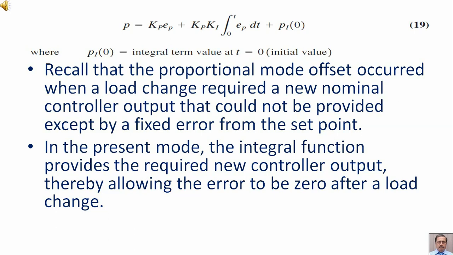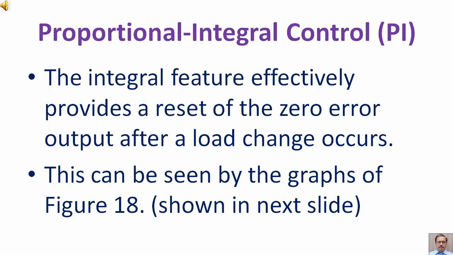In the present mode, the integral function provides the required new controller output, thereby allowing the error to be 0 after a load change. The integral feature effectively provides a reset of the 0 error output after a load change occurs. This can be seen in the graphs of figure 18 shown in the next slide.